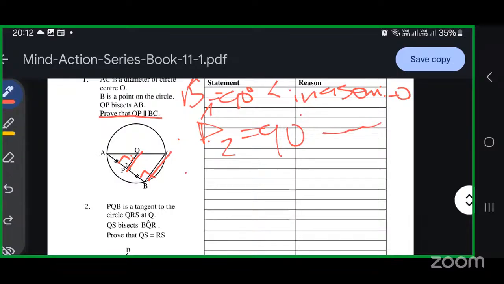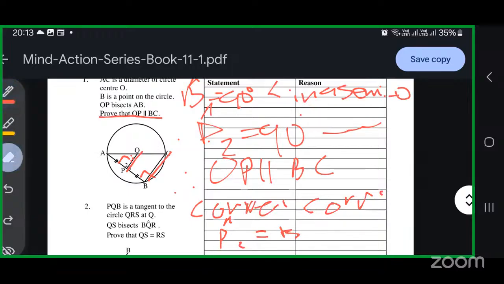Now we say therefore line OP is parallel to line BC. That is the converse of corresponding angles. And then you state that angle P2 is equal to angle B, then you are done. Does it now make sense, everything? Yes, sir.